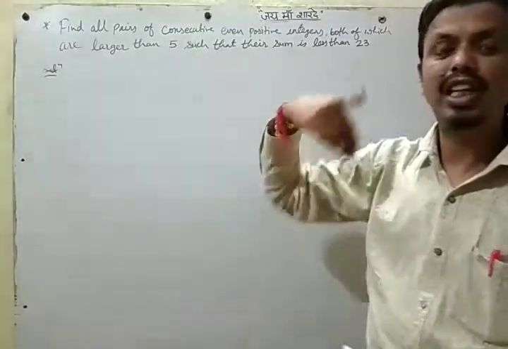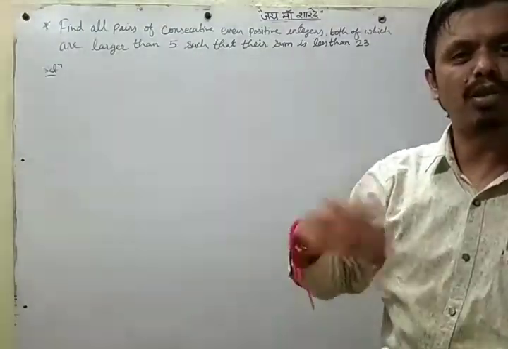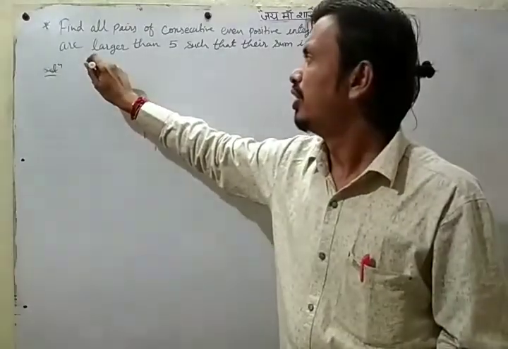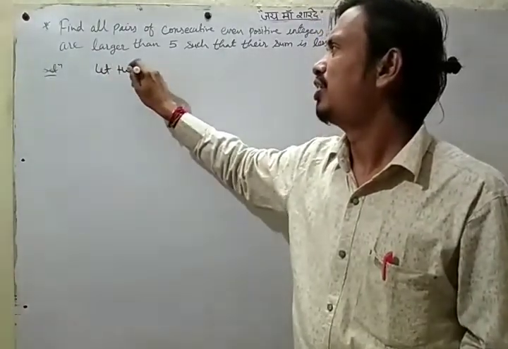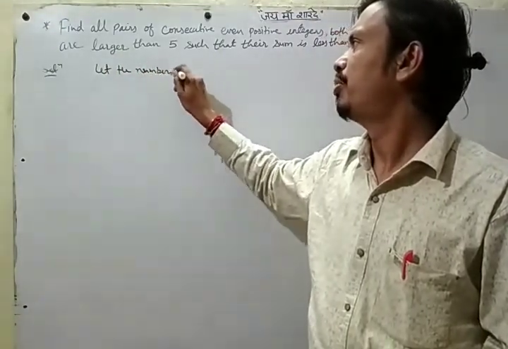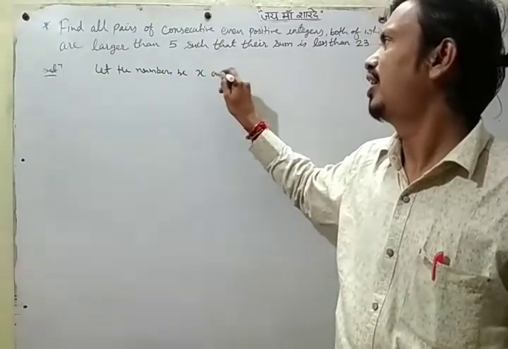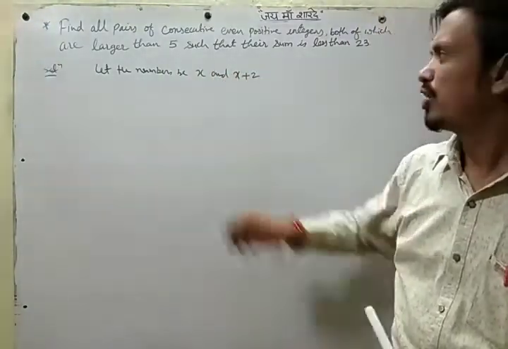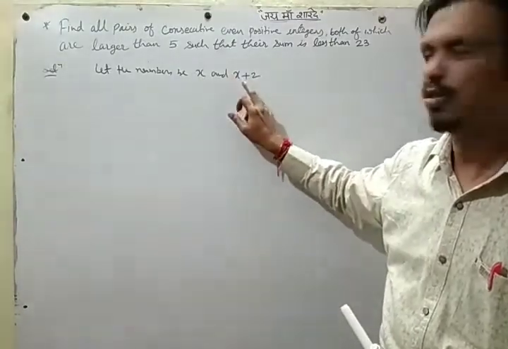Okay? So here let the numbers be X and X plus 2 because difference will be 2. So one number is X and another will be X plus 2.